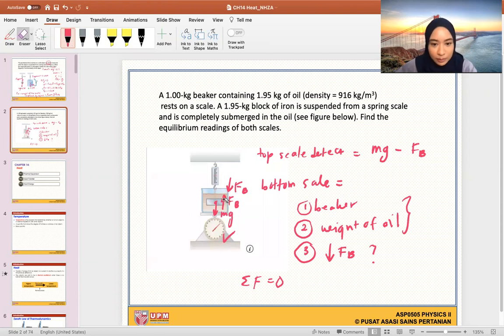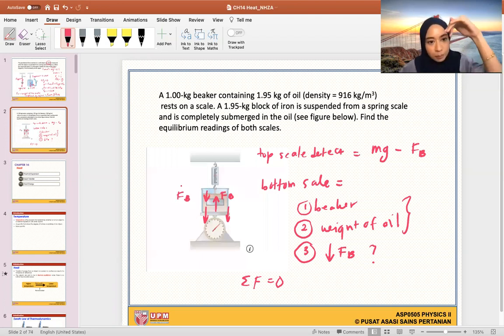Okay, kejap. Kita padam balik. Memang benda ni memang confusing. So just to try our best, okay? So we detect the beaker, we detect the weight of the oil, and since there is FB acting on the block because of the oil, there is an equal force, which is equal to FB, acting on the iron block as well, pushing it so that the iron block does not shoot up.